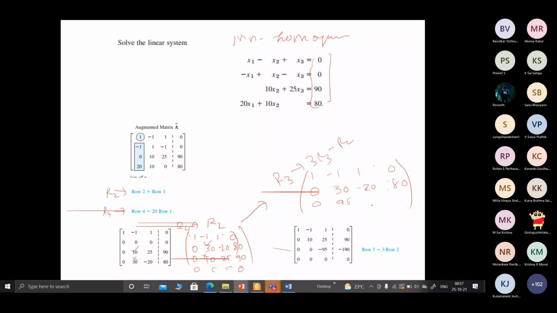Correct. So this is 0, this is 95, and this is 190. And the last row is 0, 0, 0, 0.